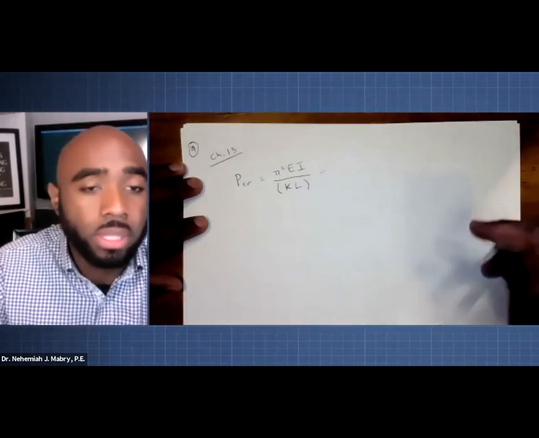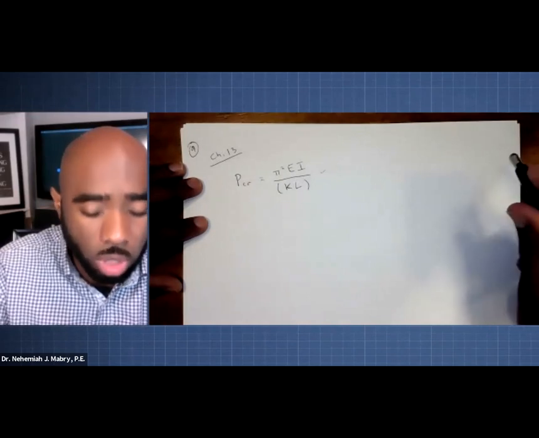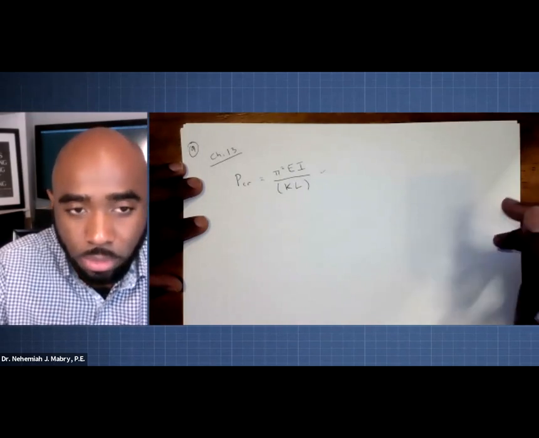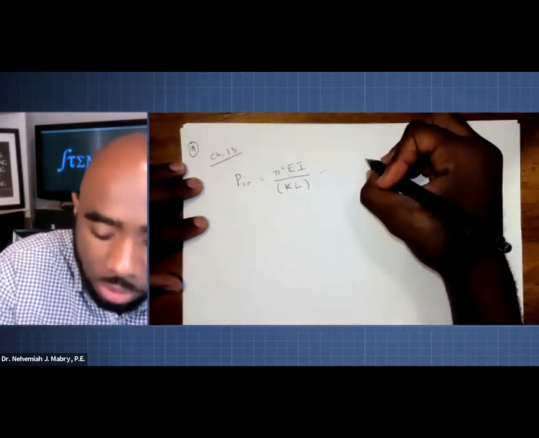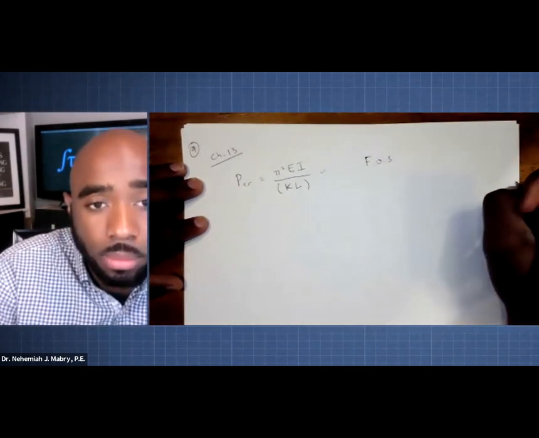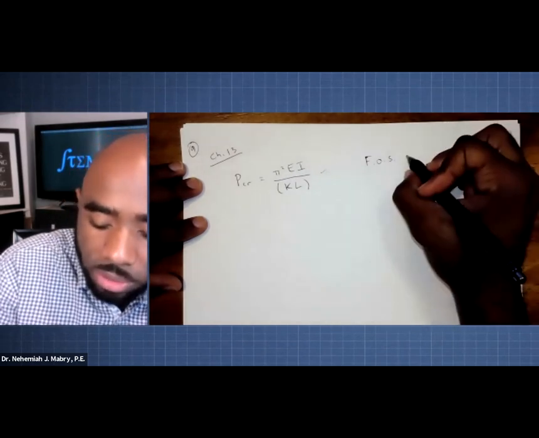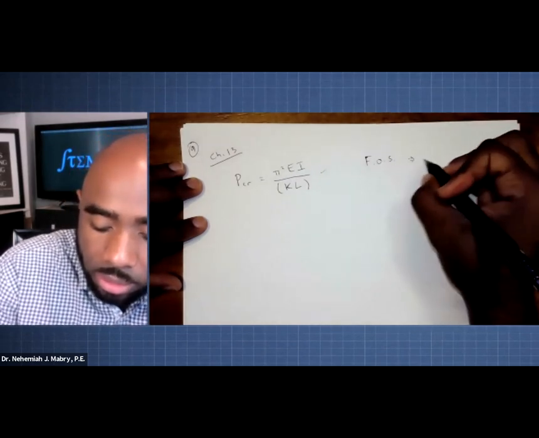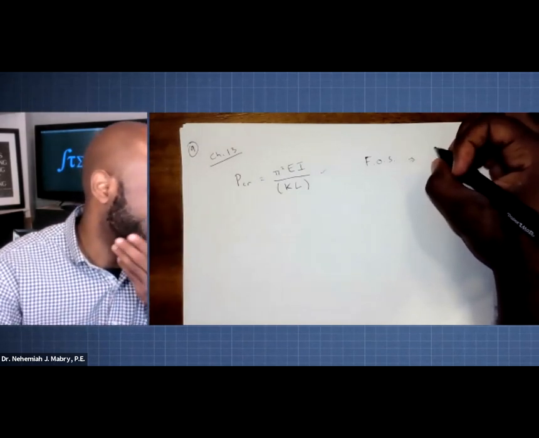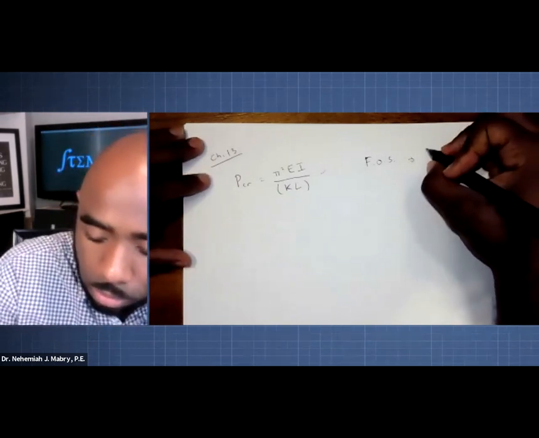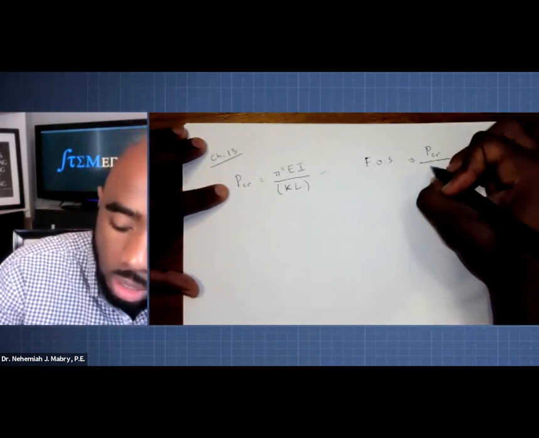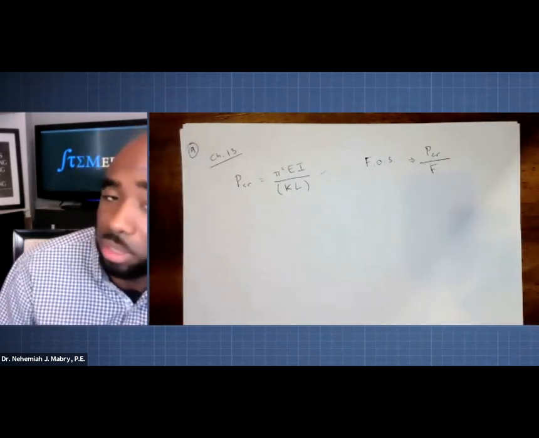And then there was something we talked about in this course, and this is just a little tip in terms of what you can expect as it relates to what we call the factor of safety. The factor of safety is basically how much higher the critical load is over the actual force that it's experiencing.